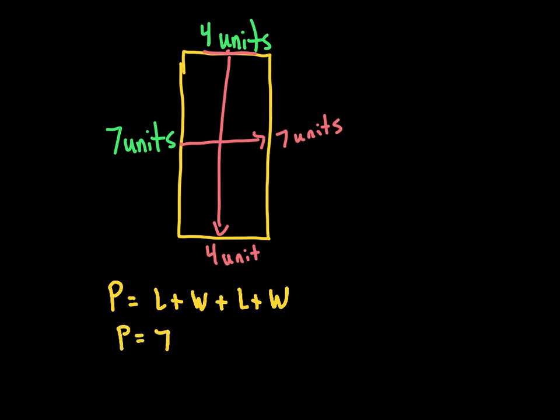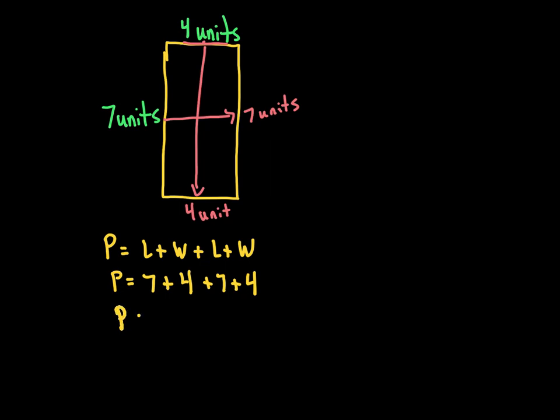We've got 7, and we have 4 plus 7 plus 4. Let's move it up a little. P is equal to 7 plus 4 is 11, plus 7 plus 4 is 11. We have P is equal to 22 units.